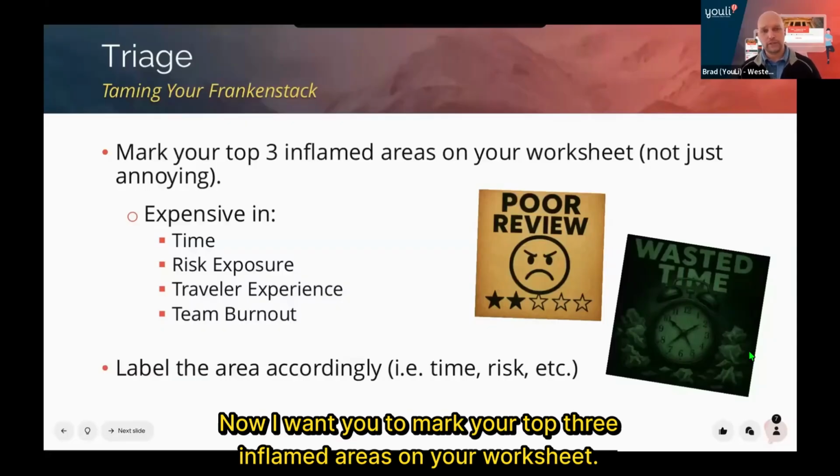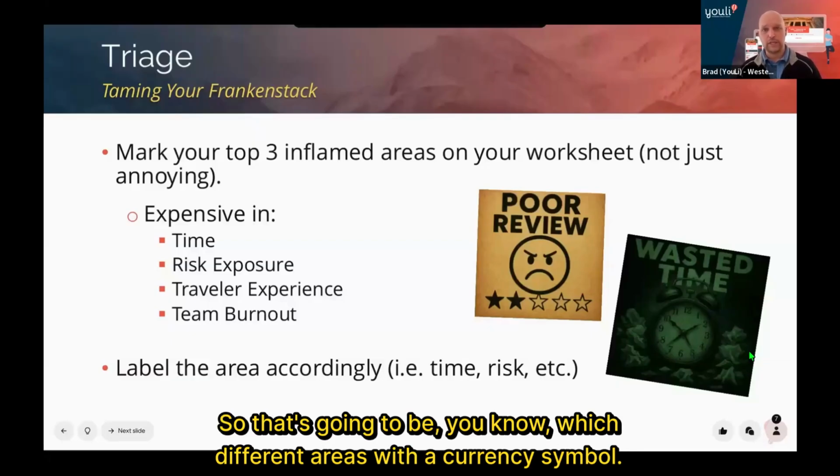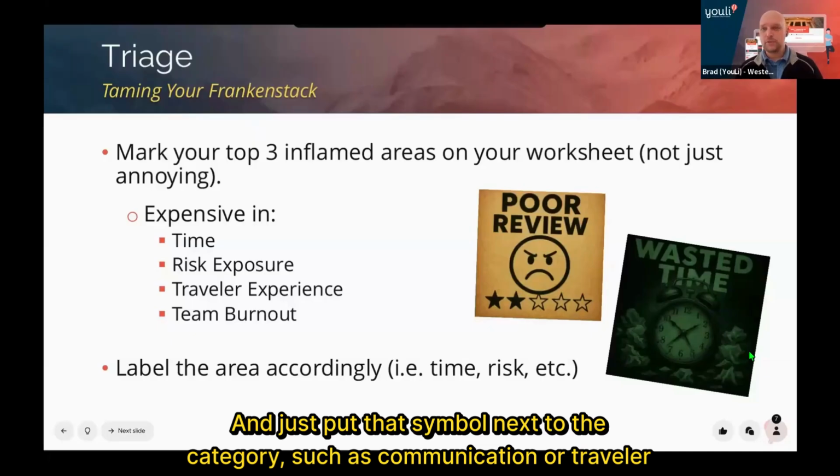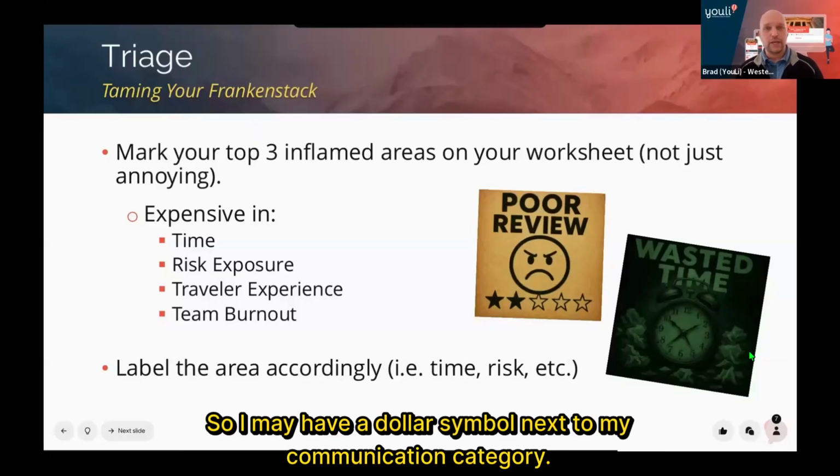Now I want you to mark your top three inflamed areas on your worksheet. So that's going to be which different areas get a currency symbol, a dollar sign or the currency symbol for your region. Just put that symbol next to the category, such as communication or traveler profile. So I may have a dollar symbol next to my communication category.